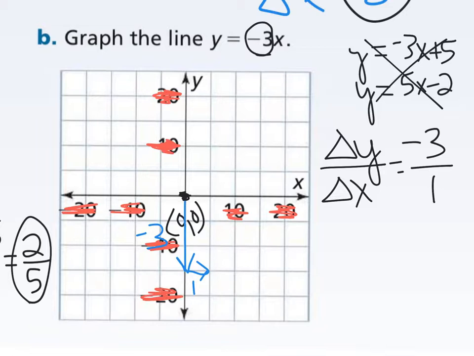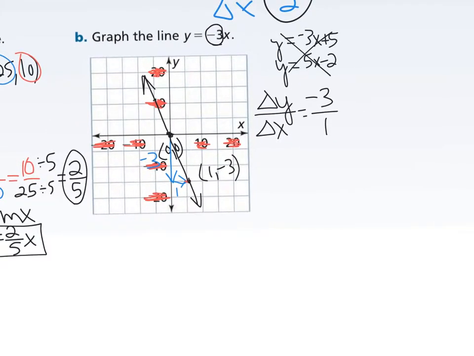So down 3 and to the right 1 would take me to the point 1, negative 3. And that actually is enough for us to graph our line here. We are expecting a negative 3 for our slope, so make sure your graph is showing a negative slope, which it is.